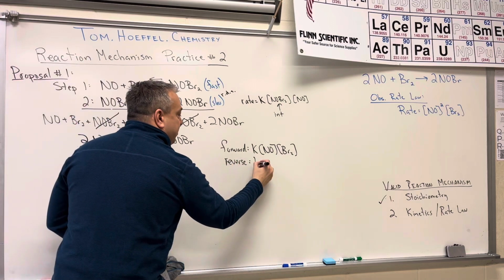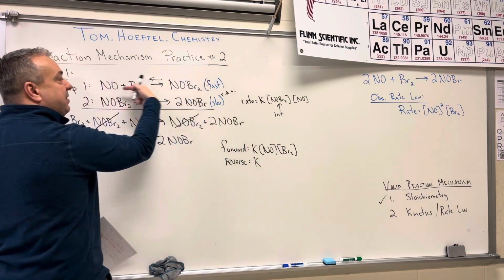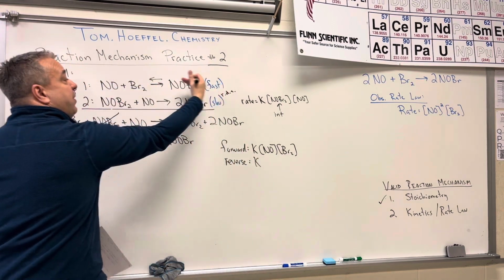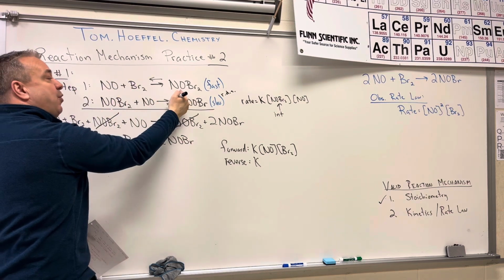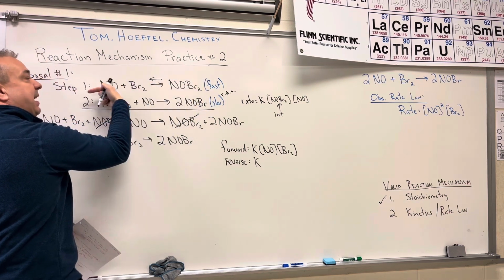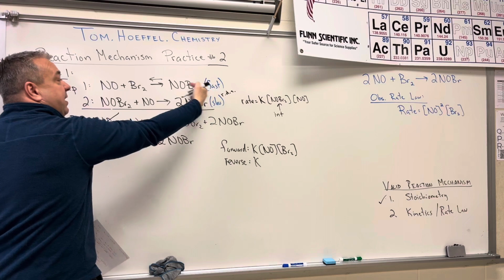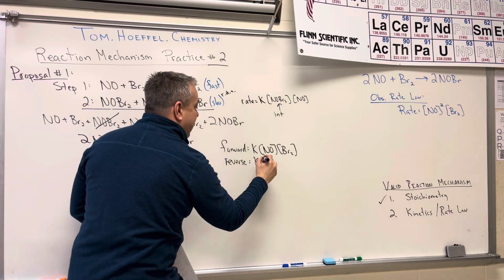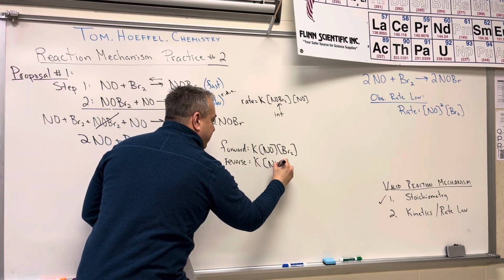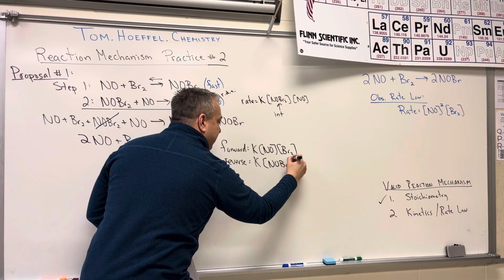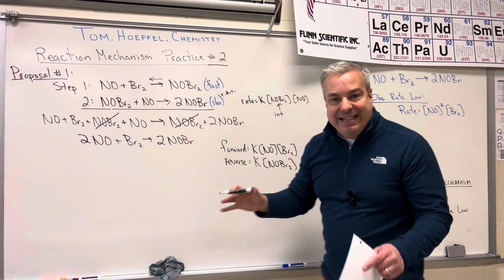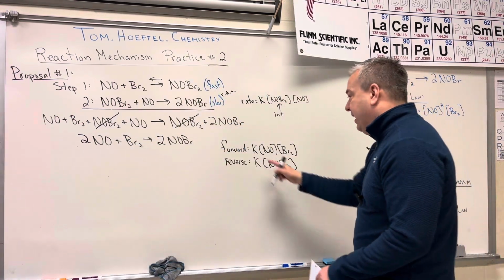That's going to be equal to K and the reactants in the reverse direction. So if we're going in the reverse direction, NOBr2 is a reactant, because the reaction's working backwards. So it's going to be K times NOBr2. And we're going to set these equal to each other.